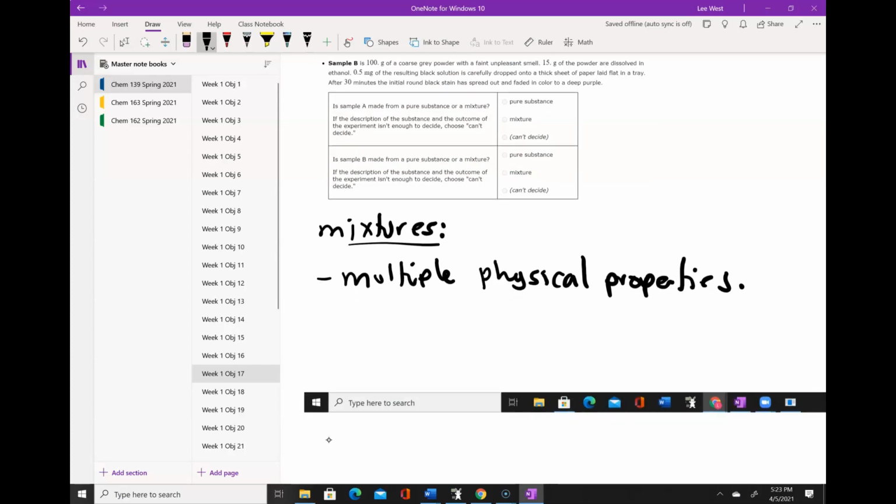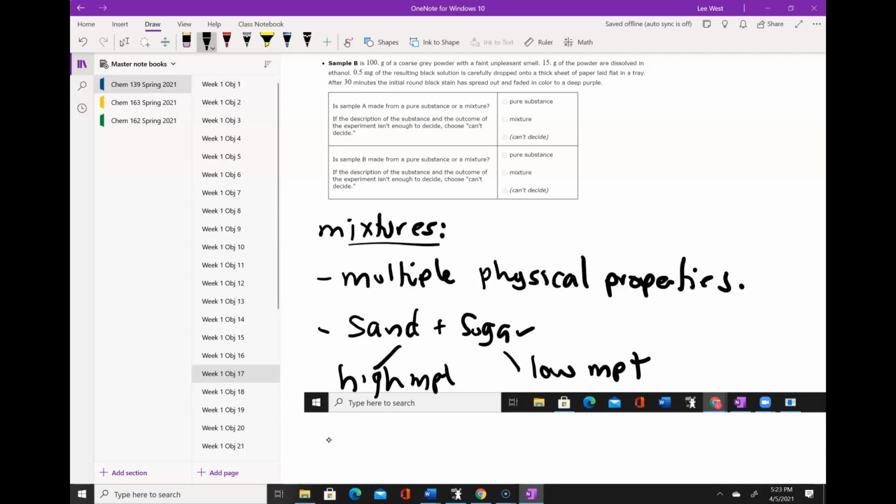So if I have a mixture of sand and sugar, the sugar has a lower melting point than the sand, and the sand has a high melting point. So I have two different melting points present, right? And if I was to heat up this mixture of sand and sugar, the sugar would melt first, and then later on the sand would melt. So that would be an example.